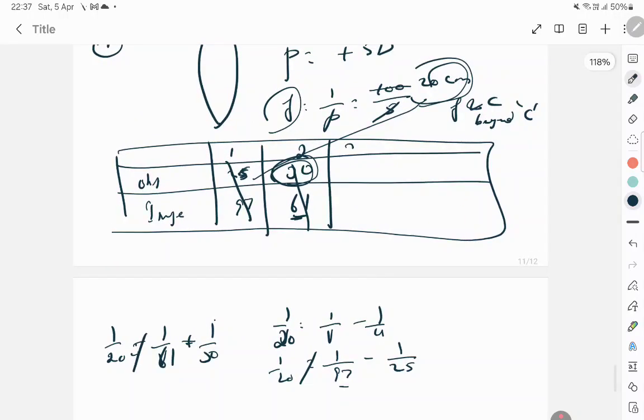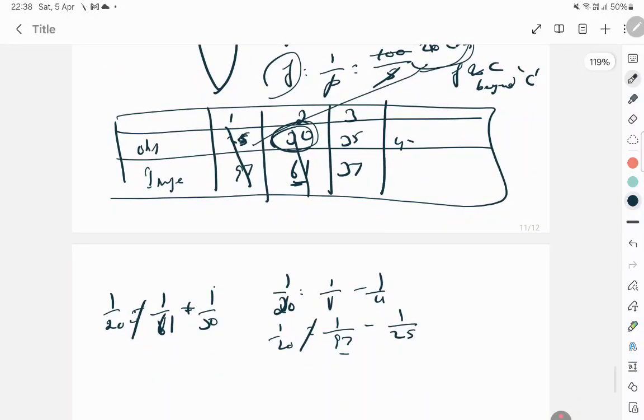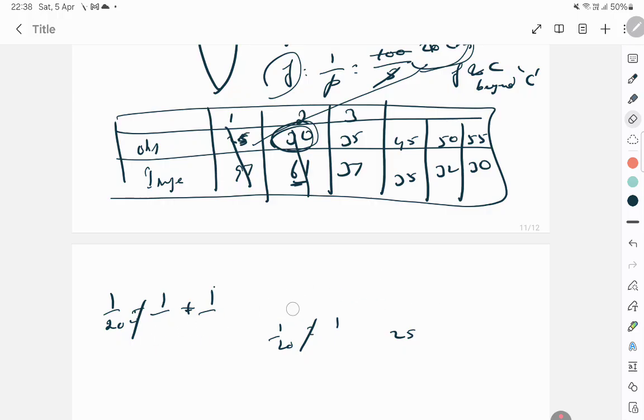So let's go to the third one, 35 and 37. Similarly, you have 45 and 35, 50 and 32, and 55 and 30. So which of these will be working out properly? So let's see. 1 by f, which is always 20, is equal to, which of these will be correct?